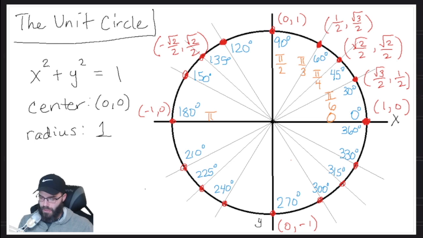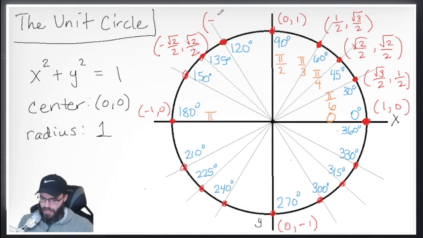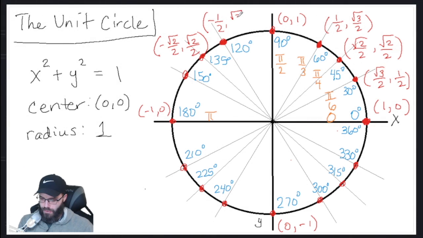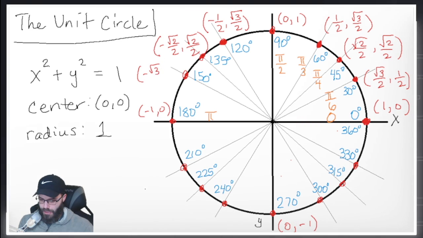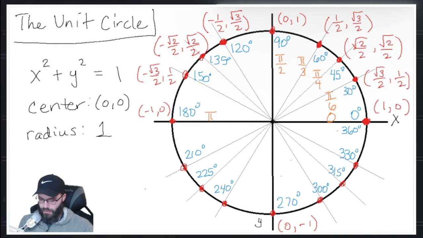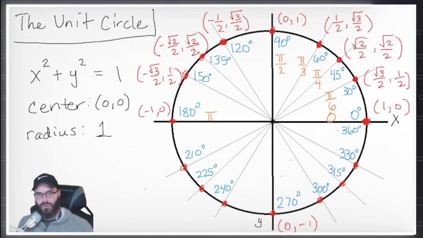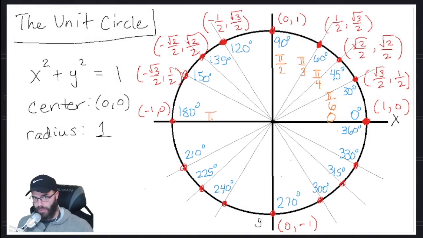So I could say, okay, well, this coordinate is going to be negative 1/2 root 3 over 2. This 150 degree coordinate is going to be negative root 3 over 2 positive 1/2, and so on. And you can continue to fill out quadrants 3 and 4 very similarly.